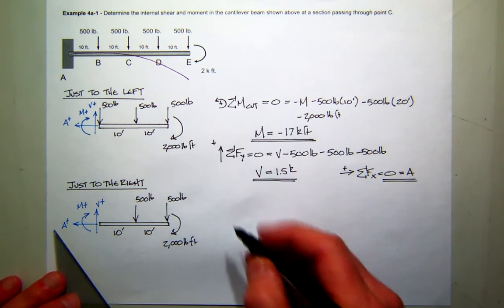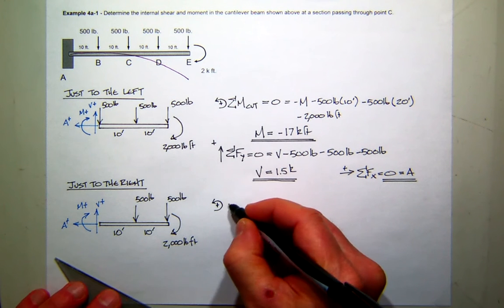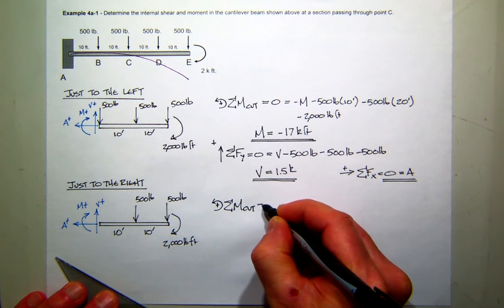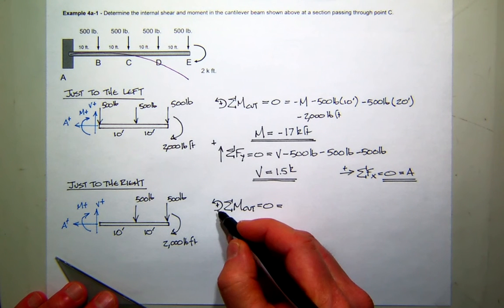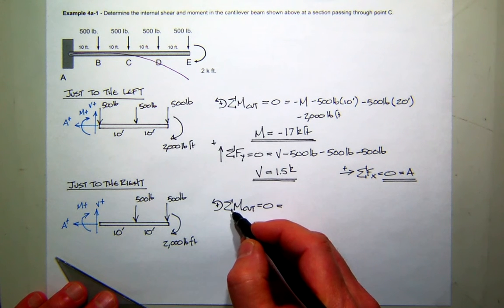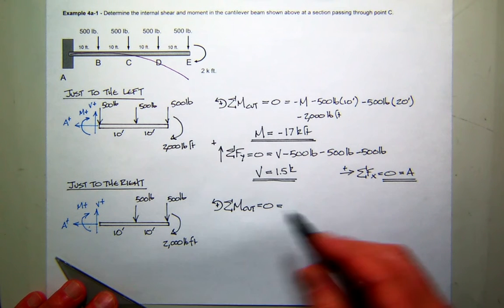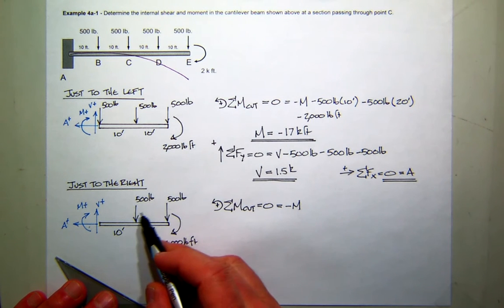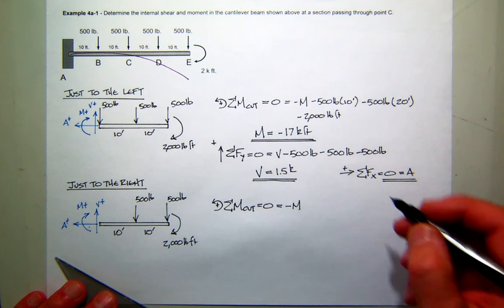So let's see. Again, I'll go back and I'll sum moments using right-hand rule at the cut. Now again, with right-hand rule, and I'm summing moments, not bending moments, just moments, what kind of moment is that? Positive or negative? Negative. And then these two 500-pound forces create what kind of moment about the cut? Positive or negative?